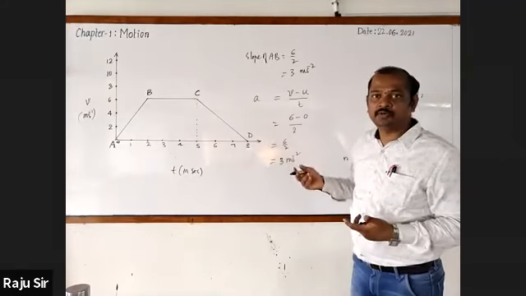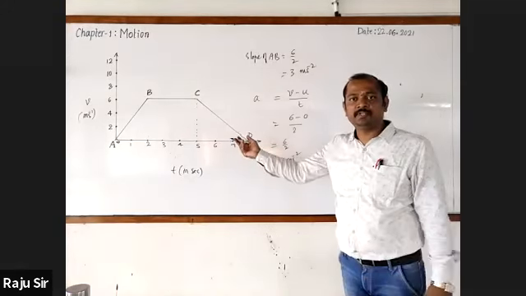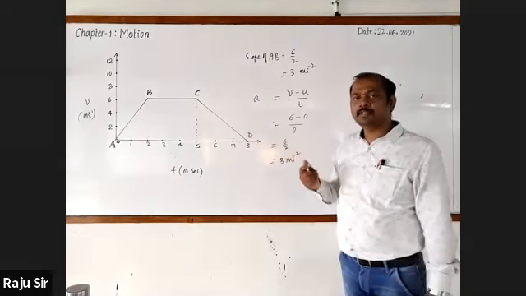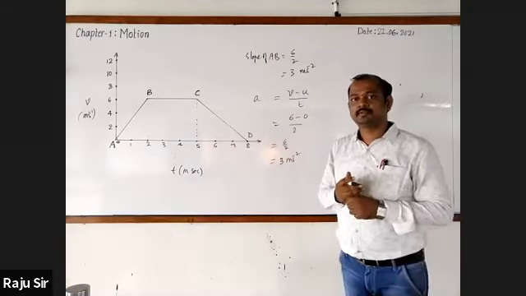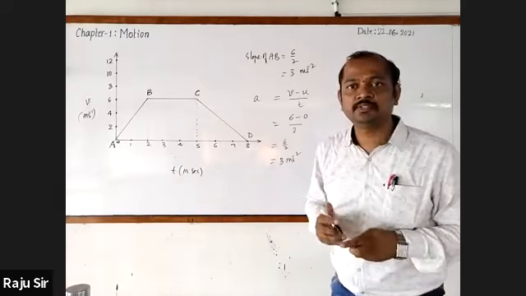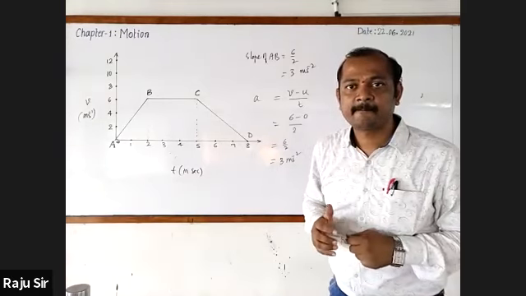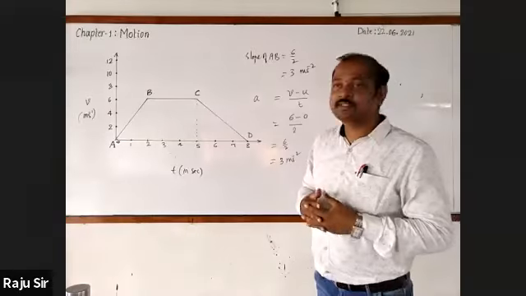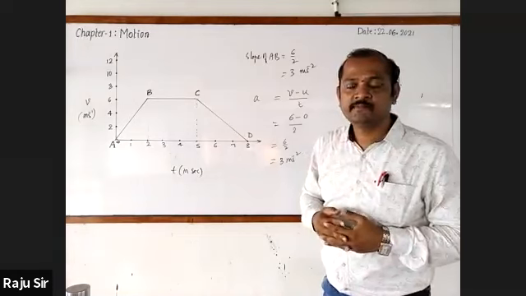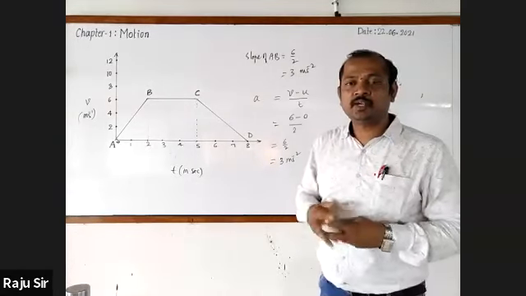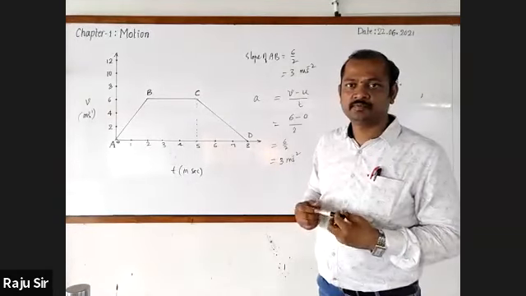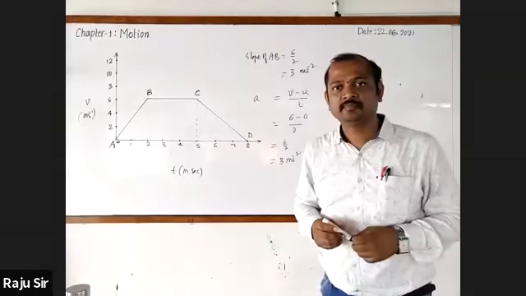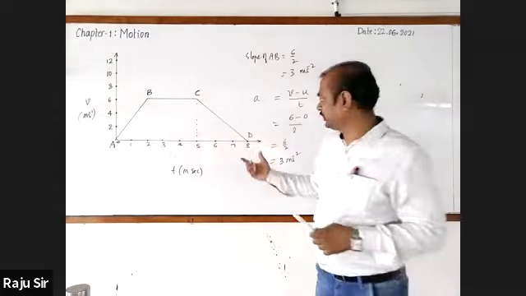How did you find out uniform deceleration is minus 2 meter per second square? Sir, by dividing the velocity by time. What is that velocity? 6 meter per second. Okay. Time? 3 seconds. Very good.